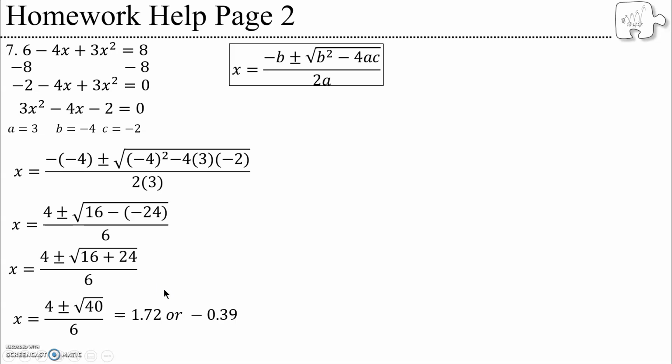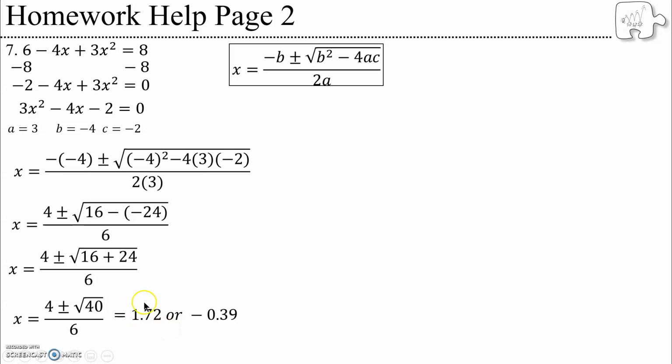So 1.72 or -0.39. Those are the two decimal approximations.